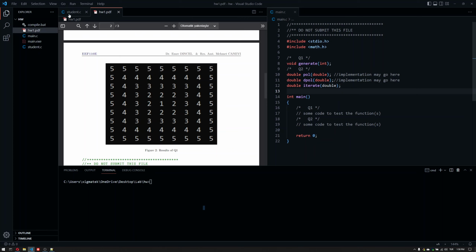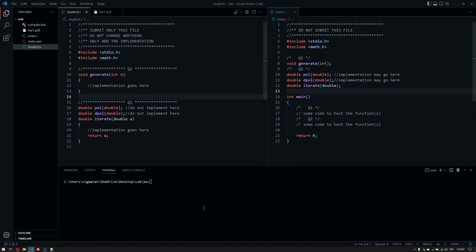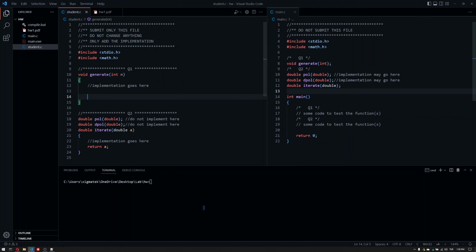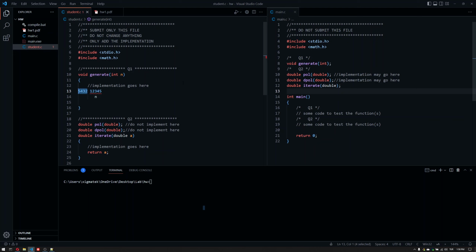So basically what I'm trying to tell is the following. I have 5, 4, 3, 2, 1, and then 2, 3, 4, 5. If I separate this like this, I can see that there are 5 of them, so I have n digits here. But here, if I had 1 here, it would be n plus n.